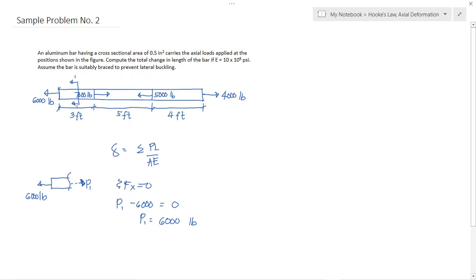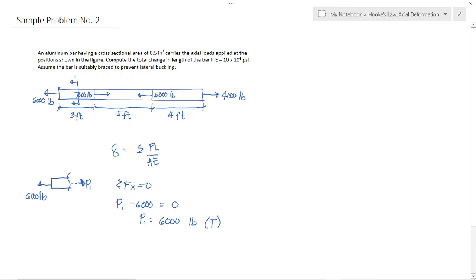Why do we need to determine if it is compressive or tensile? Because malalaman natin kung plus or minus yung deformation. Pag plus, humaba siya kasi tension. Then kapag compression, negative. So identify this. Lagay nyo T. 6,000 pounds T for tensile force.